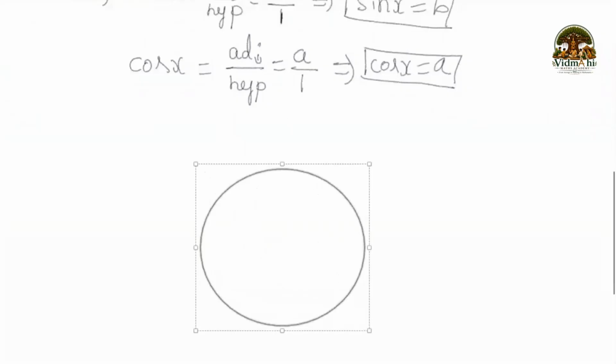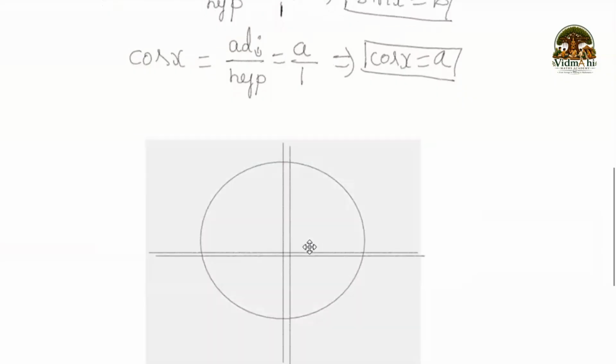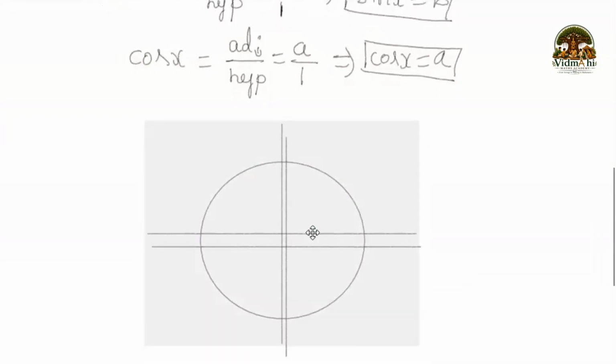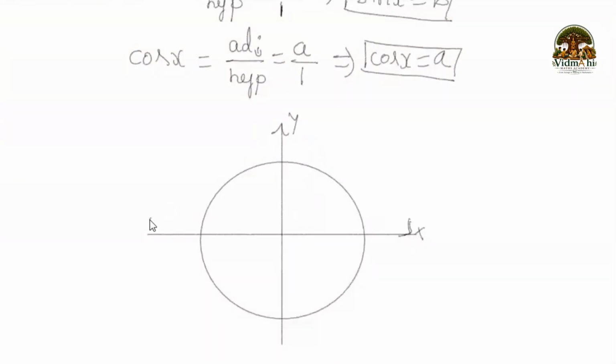So we can write the unit circle like this. Again consider a coordinate system: this is x axis, this is y axis, this is negative x axis x dash, and negative y axis y dash, and a ray.